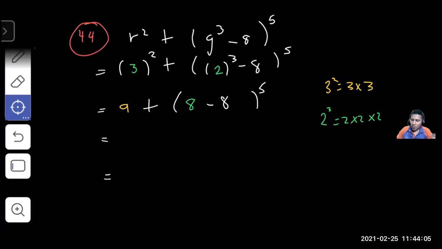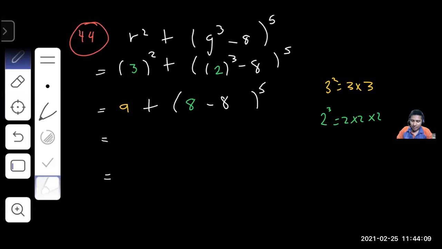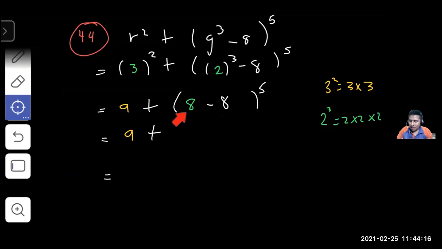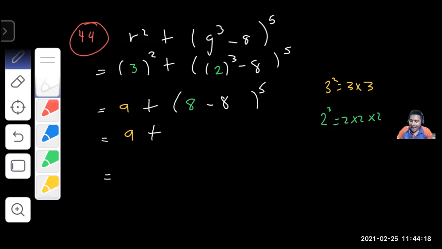And then what will we have to solve first, the addition, the subtraction, or the parentheses? The parentheses. Okay, let us copy this. 9 plus, let's solve what is inside of this parenthesis. 8 minus 8 is 0. Okay, that is going to be 0 to the what power? To the 5th power.